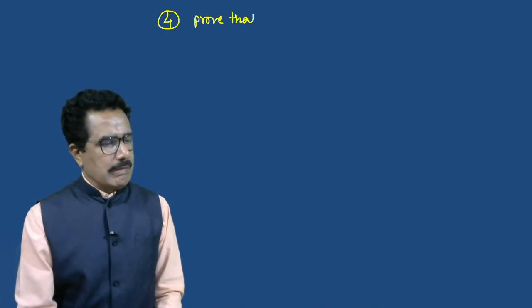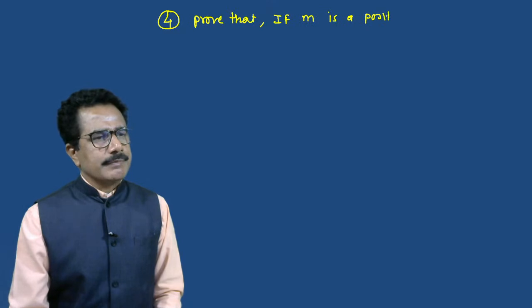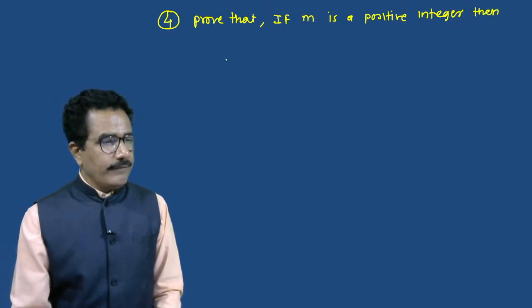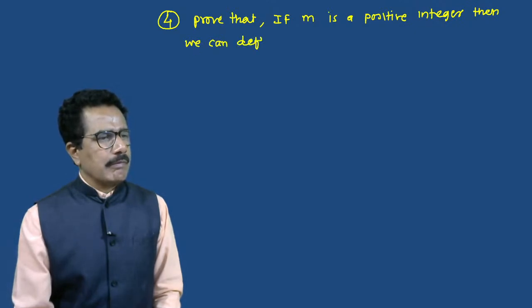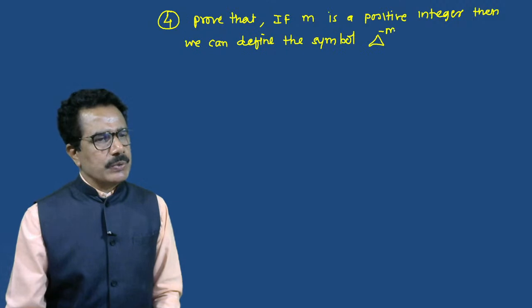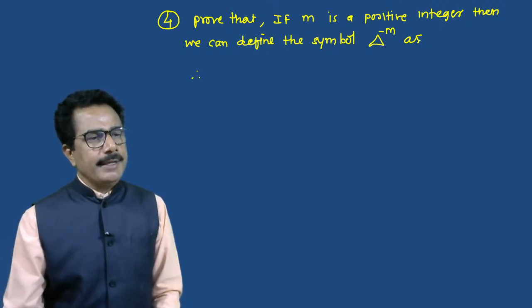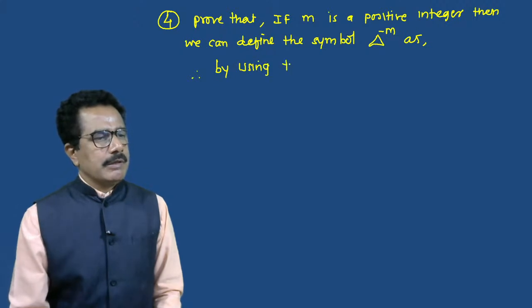Prove that, third, fourth, prove that if m is a positive integer, then we can define the symbol delta raised to m as, how can we write, according to the first property, by using the property.